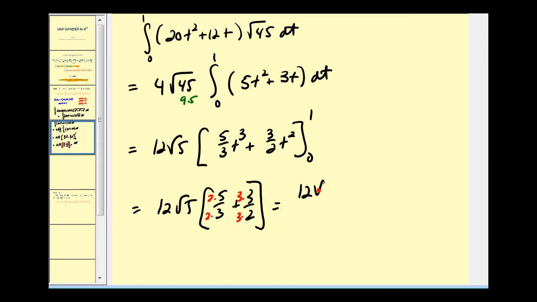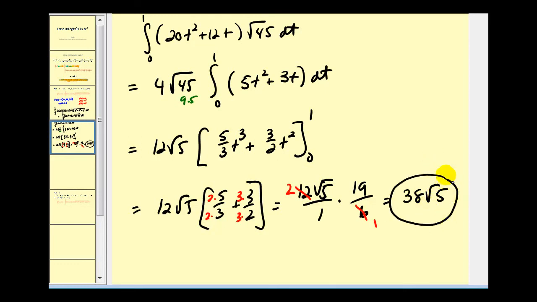So we have 12 square root 5 over 1 times, this would be 19 over 6. And this simplifies here. Now we can multiply. We have 2 times 19, that's 38 square root 5 all over 1. So the result would be 38 square root 5.